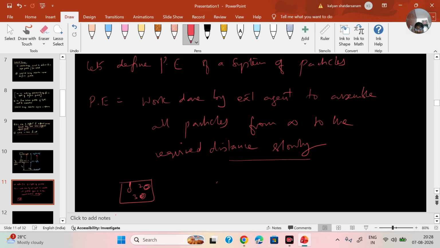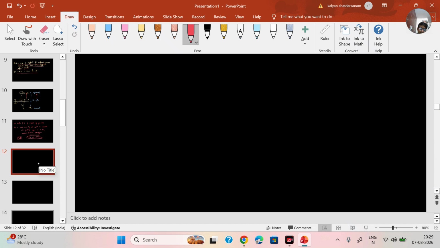But here you are taking an assumption that potential energy at infinity is zero. That is the assumption. So potential energy is the work done by an external agent to assemble the particles by bringing all the particles slowly from infinity to the given position. That will be the potential energy of the system. Or I'll define change in potential energy, which is better.